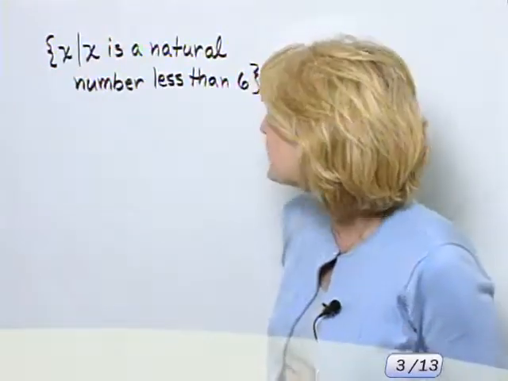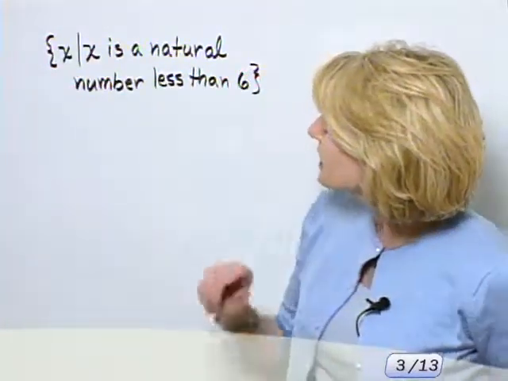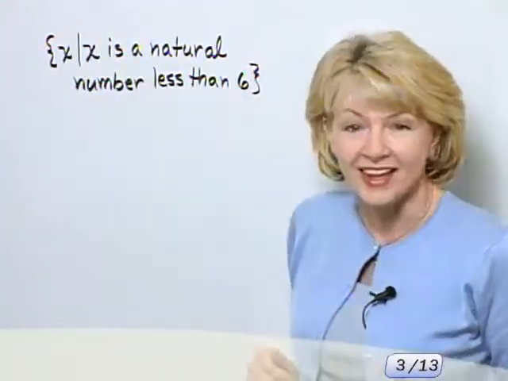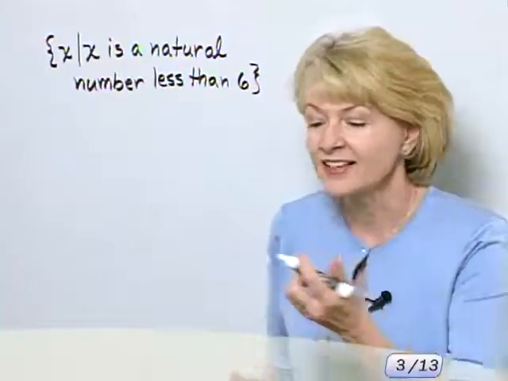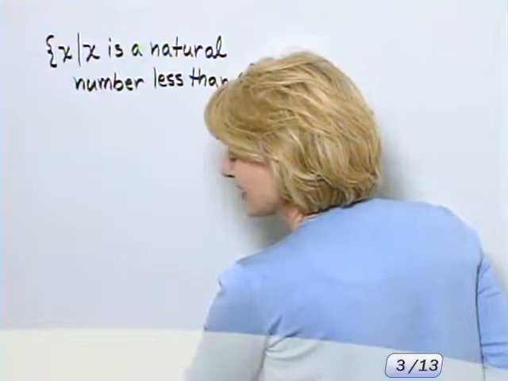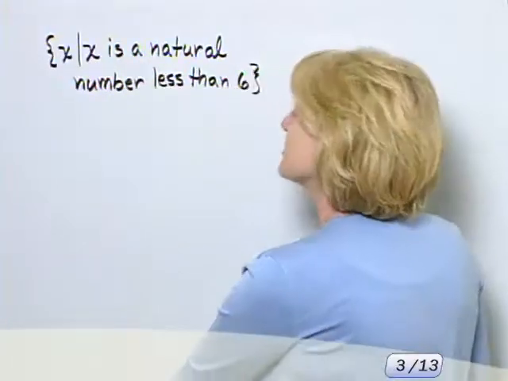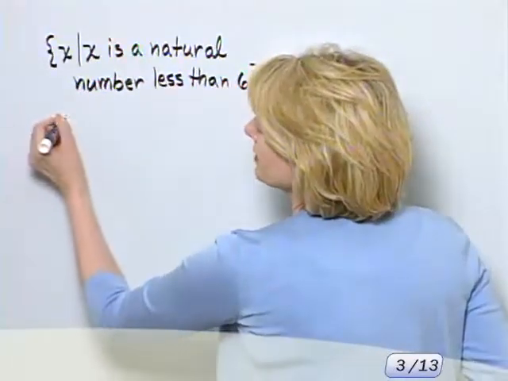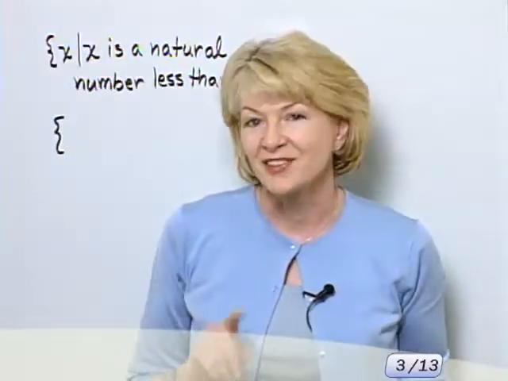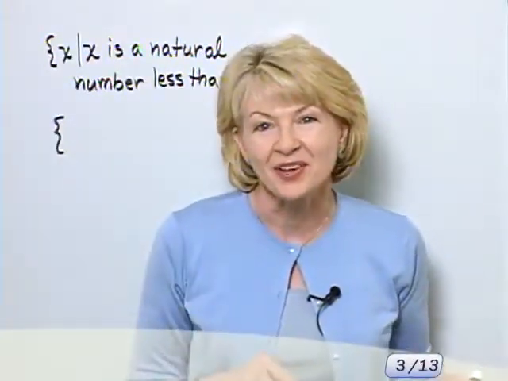But let's take this set written in set builder notation. This is the set of all numbers x such that x is a natural number less than 6. And let's actually write out the elements of this set. So to write out these elements, let's begin with our natural numbers. Do natural numbers begin with 1 or 0?